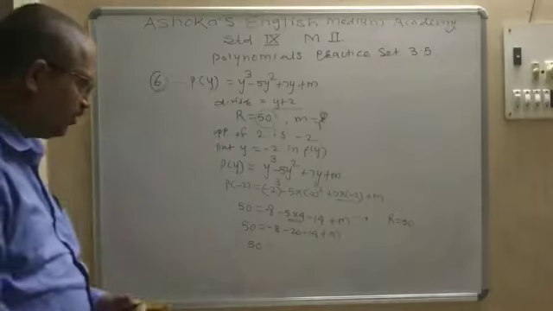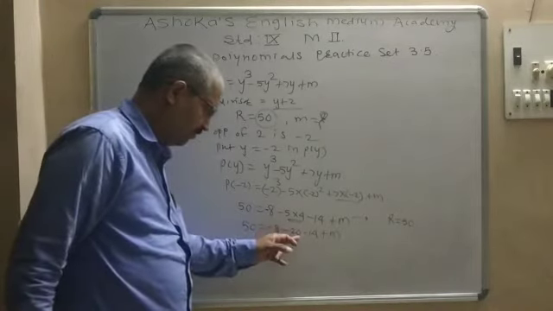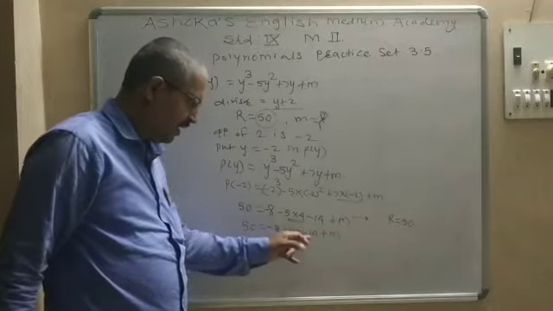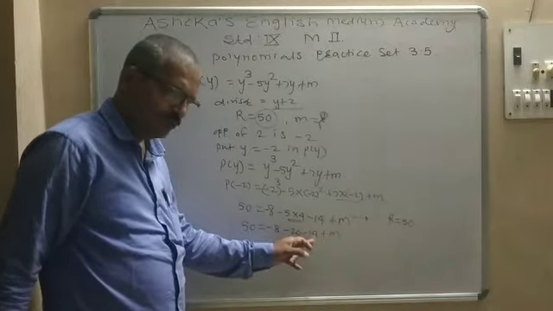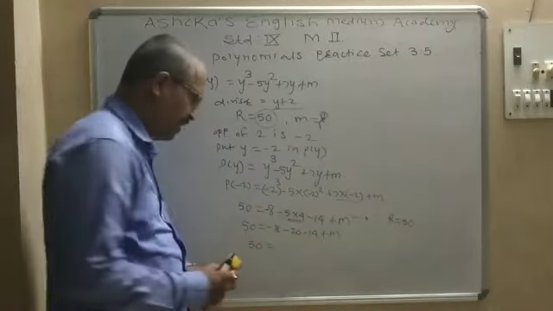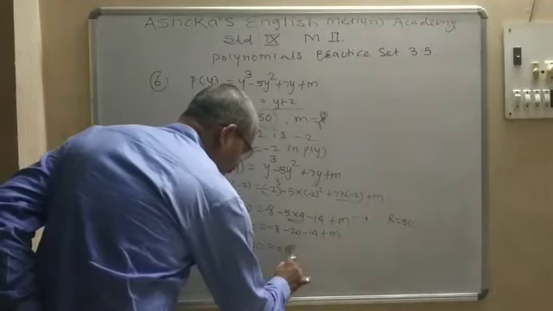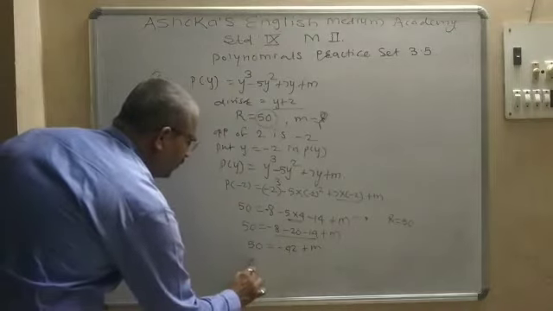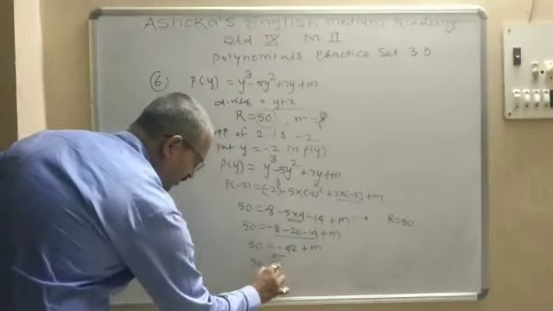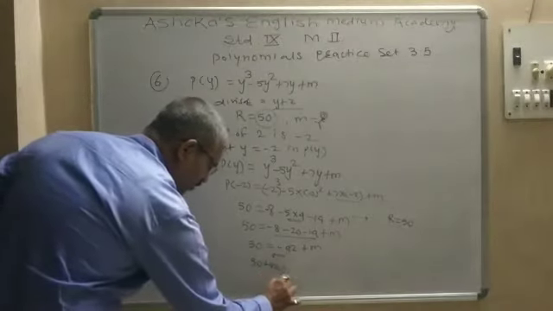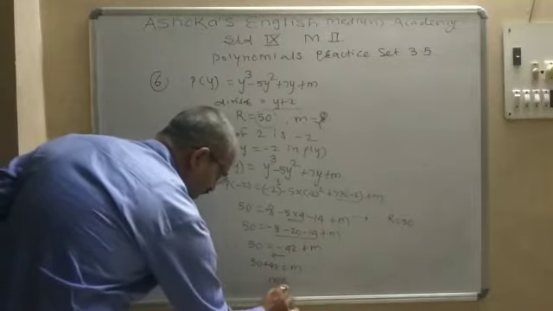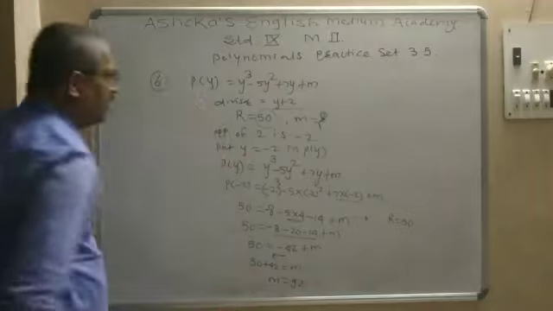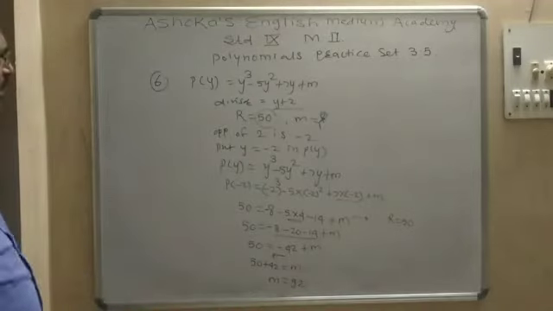Now 20 and 8 is 28, and 4 is 32, 32 and 14 is 42, so minus 42 plus m. All are negative, therefore minus 42. 50 equals minus 42 plus m. The 42 comes to the right hand side and becomes positive, and thus the value of m is equal to 92. Listen, this is question number 6.